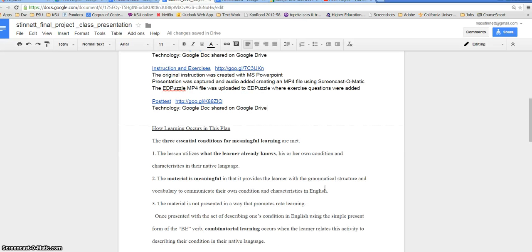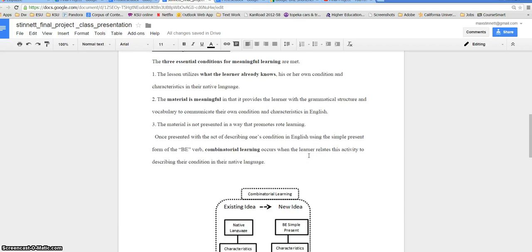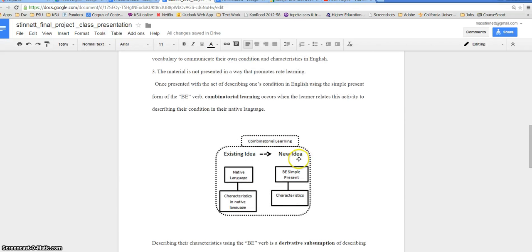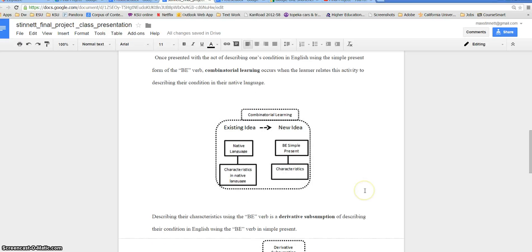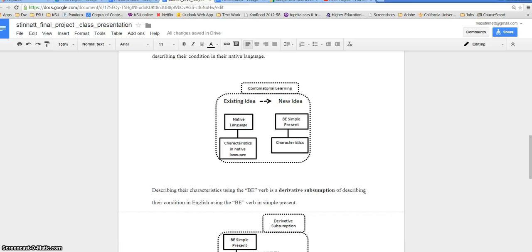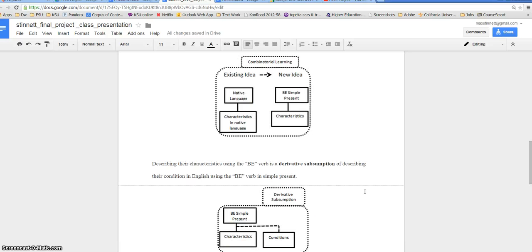Here, if you'd like to read, this is how learning occurs in this. 3 essential conditions for meaningful learning are met. This is combinatorial learning, where we originally bring up how they describe themselves in their language, and then it relates to this new idea of describing themselves in English using the simple present be verb to describe characteristics.